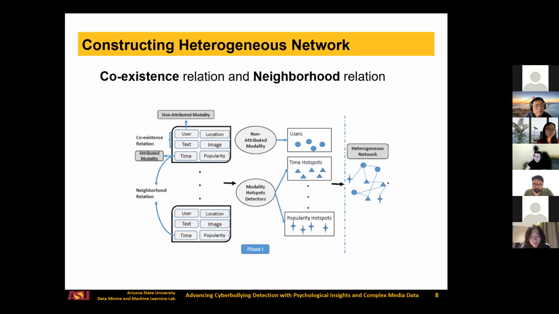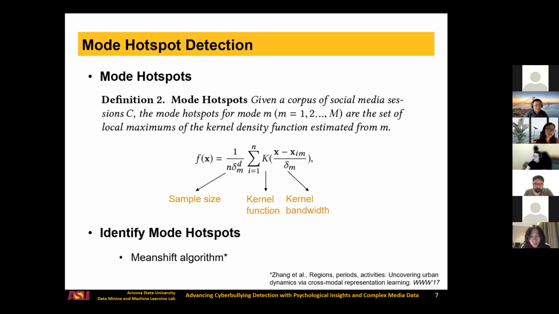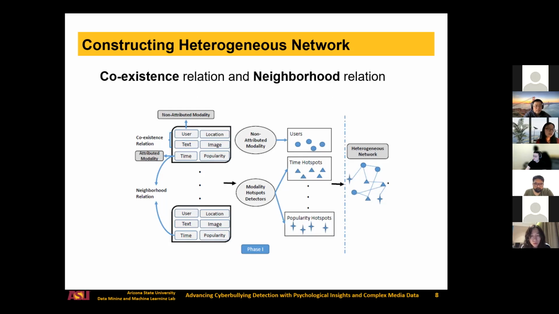For all these modalities, we use this hotspot detection method to find the mode hotspots for each mode. So we have all the hotspots, such as the user, time, and popularity hotspots.